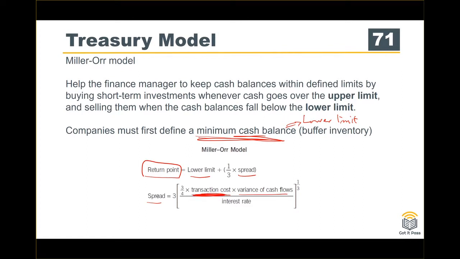You can also have your company's variance on the cash flows from your records. You have the market interest rate. So based on these three parameters, which you can gather in your company and in the market, you can find out the spread. So you determine the lower limit, and the spread can be found by this formula. Then you can work out the return point based on this formula.